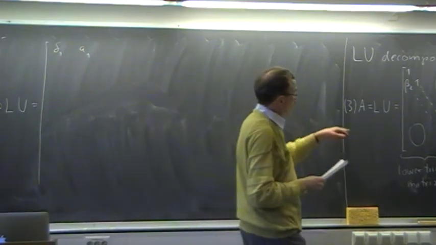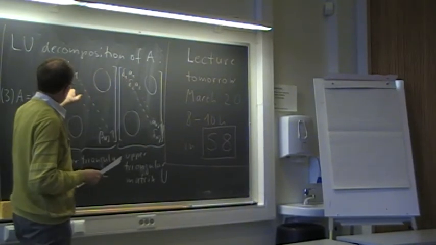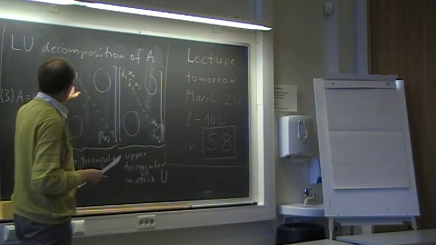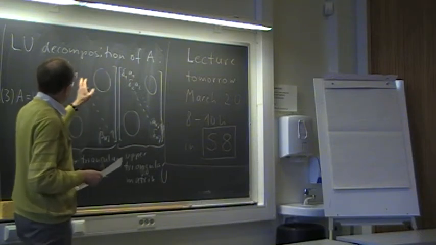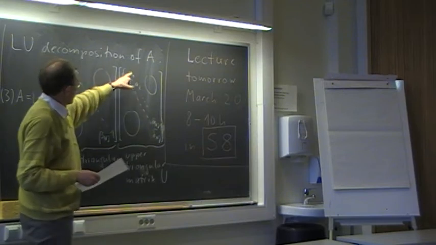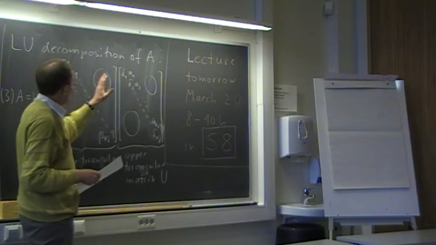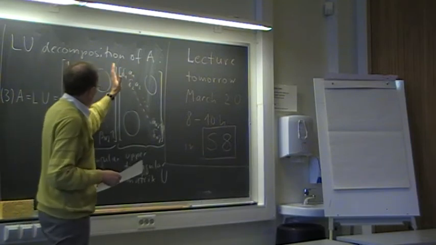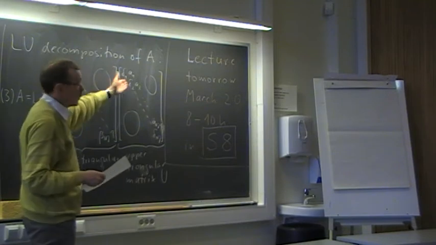Next row: beta 2 times delta 1 will be the first entry, and then 1 times 0, nothing. So we do this operation with the second row of this matrix.